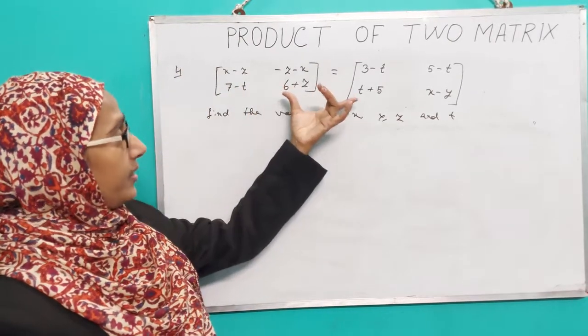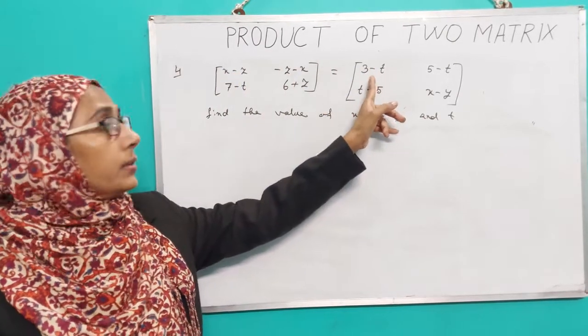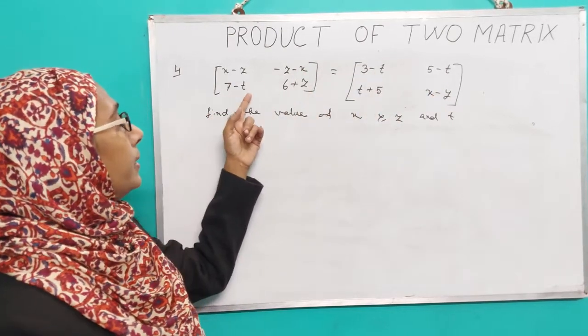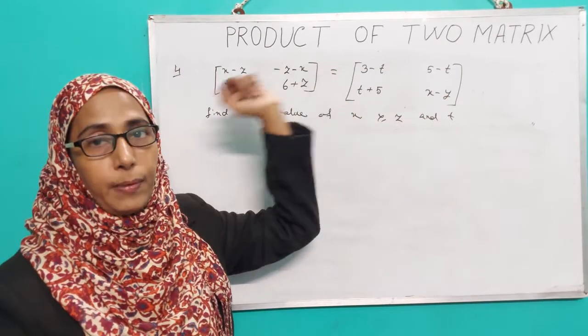Since these two matrices are equal, the corresponding elements are equal, that is x minus z is equal to 3 minus t, minus z minus x is equal to 5 minus t, 7 minus t is equal to t plus 5, 6 plus z is equal to x minus y.